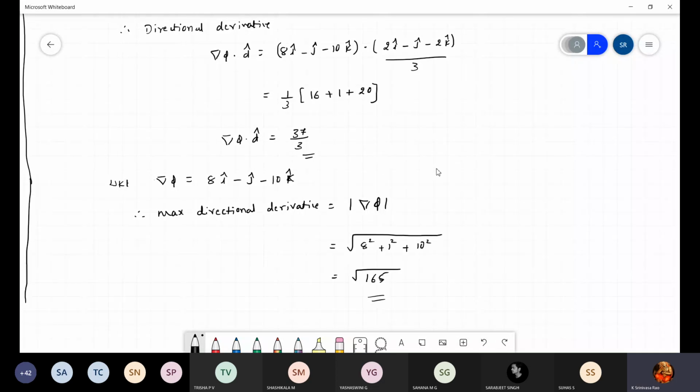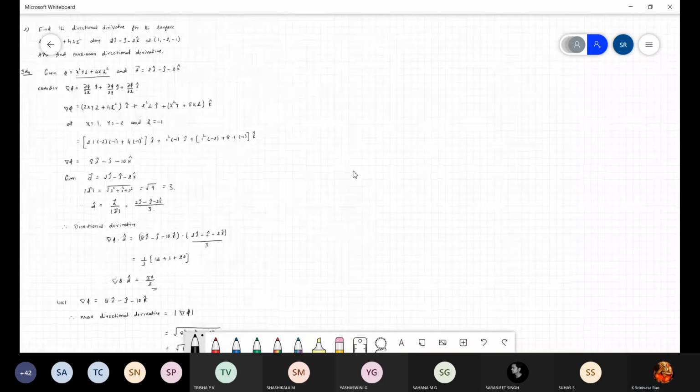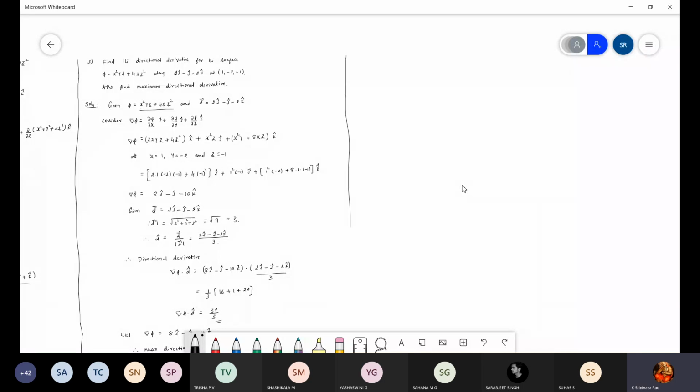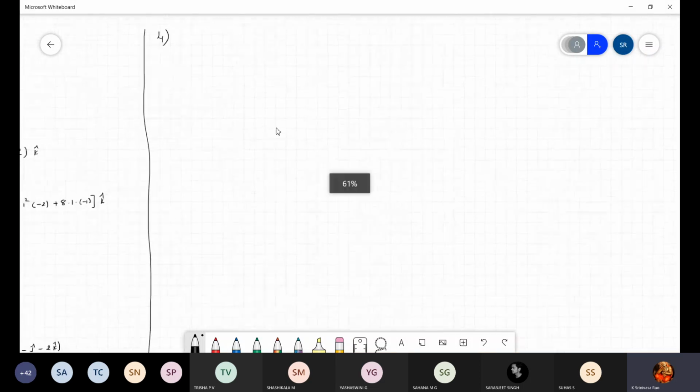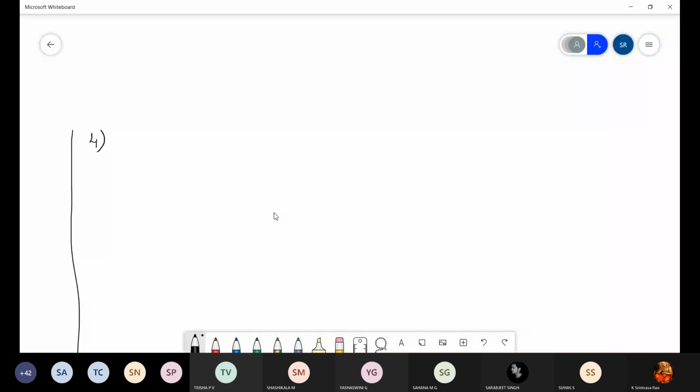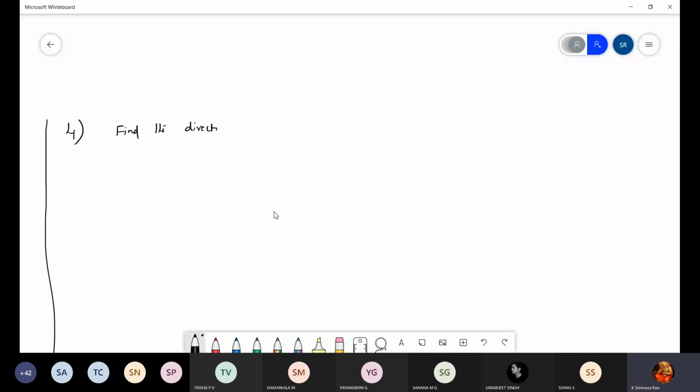Now the last problem, the fourth one. Find the directional derivative for the surface phi equals x square y plus yz cube.